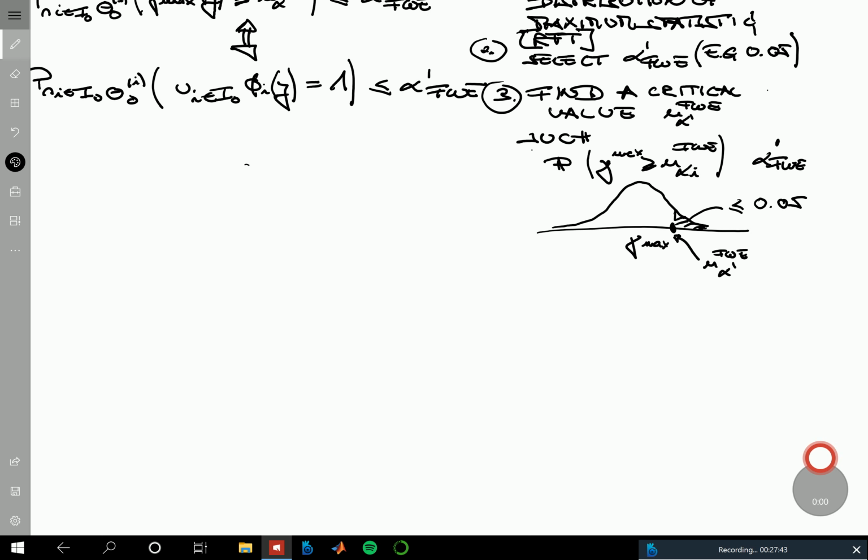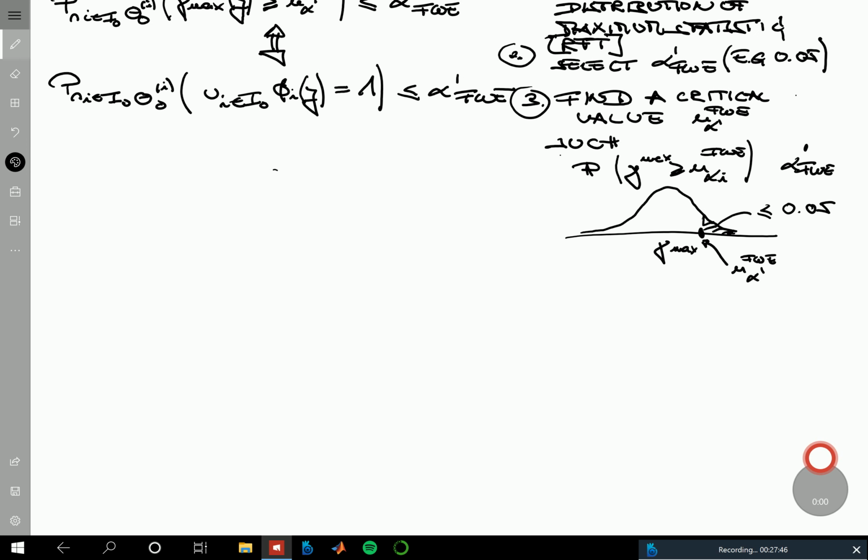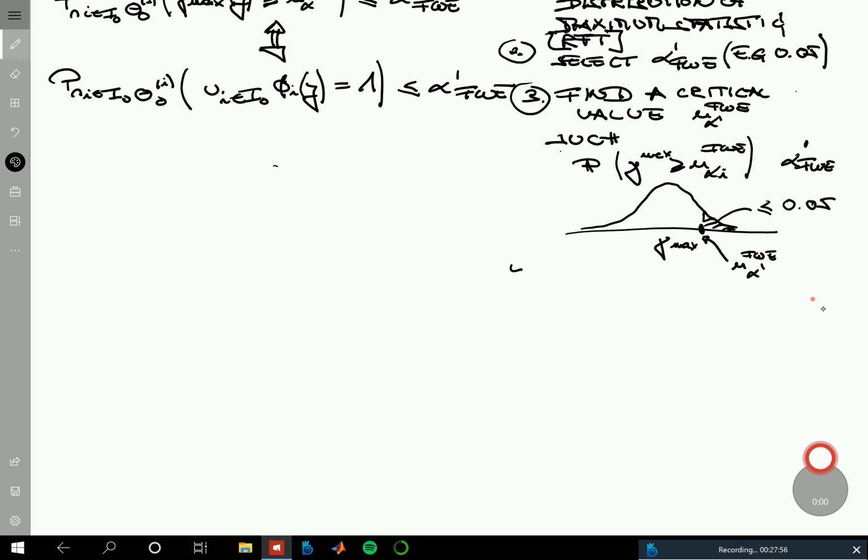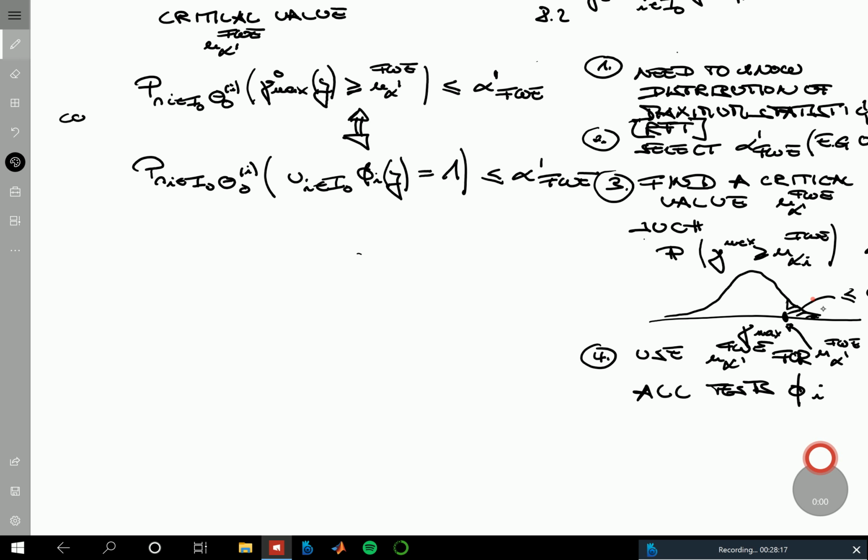Now, if you found such a value, and this is the last thing which is actually not in there, use this common critical value u alpha prime FWE for all tests.